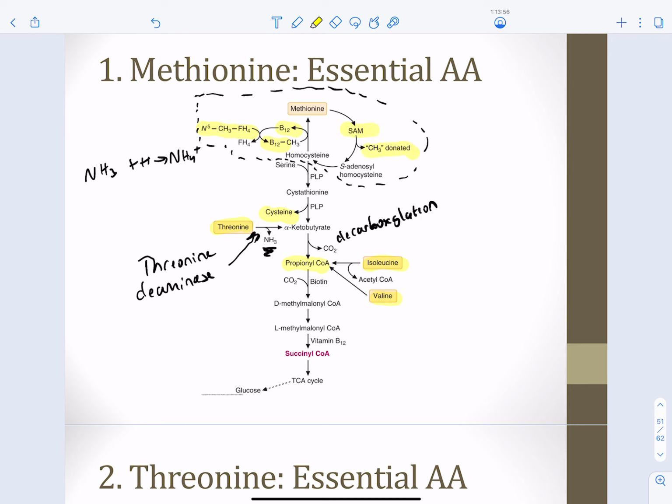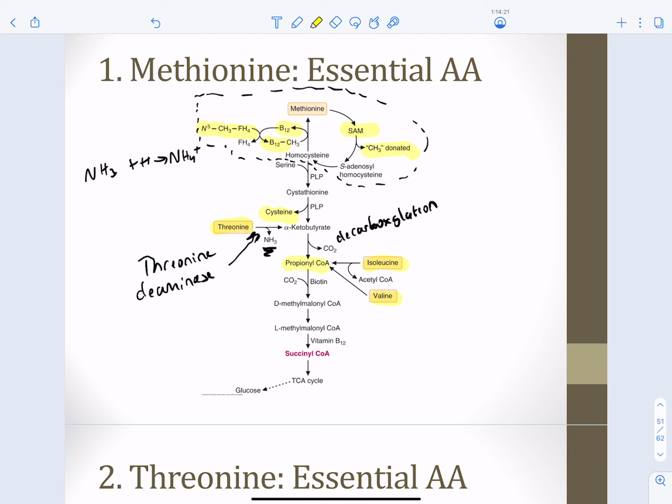So basically what this is showing you is the full picture of what is happening with methionine as it's going to SAM. So really you have your N5-methyl tetrahydrofolate donating that carbon to vitamin B12. Vitamin B12 picks up that carbon and donates it to homocysteine to form methionine.